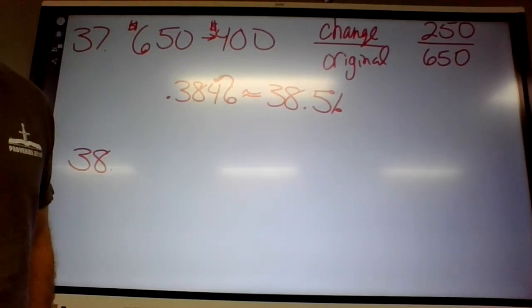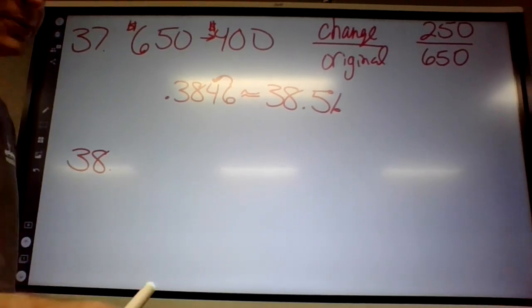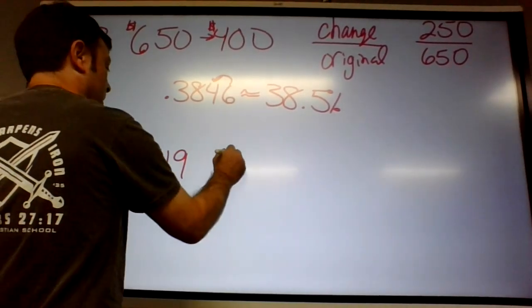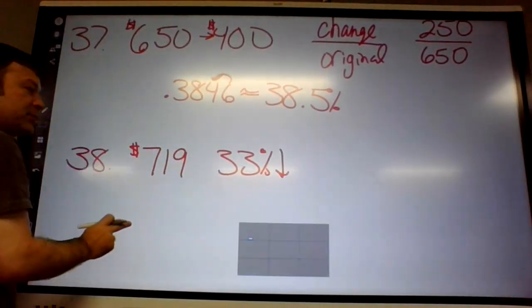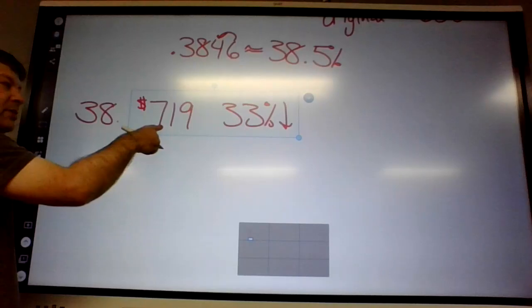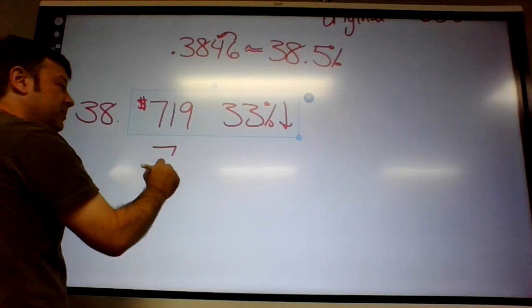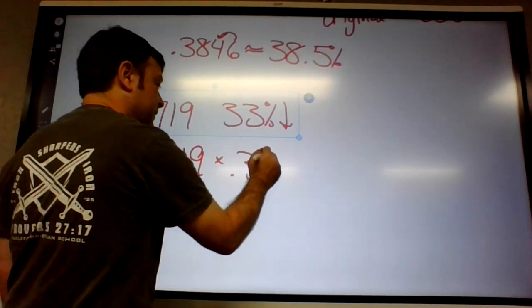So we got to drop it by 33%. So how do we make this number go down by 33%? Multiply by 0.33. The first step is figure out what is 33% of this number.